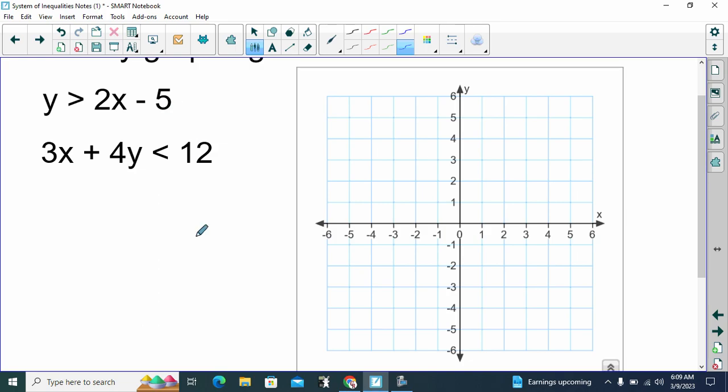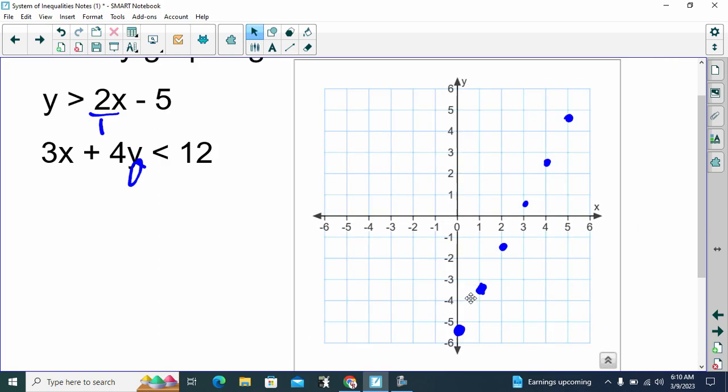We start by graphing. So y-intercept is negative 5. Slope is up 2 over 1. We have a dashed line. We don't have the or equal to symbol here, so it is dashed.